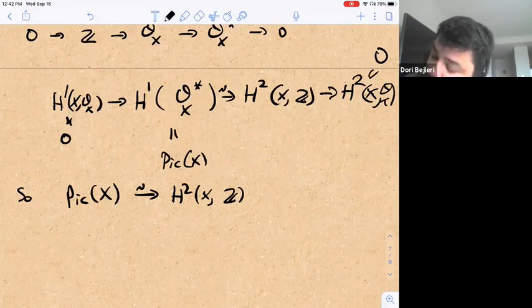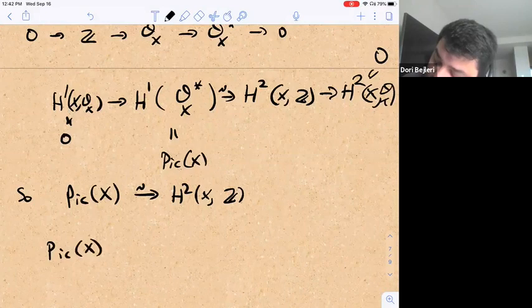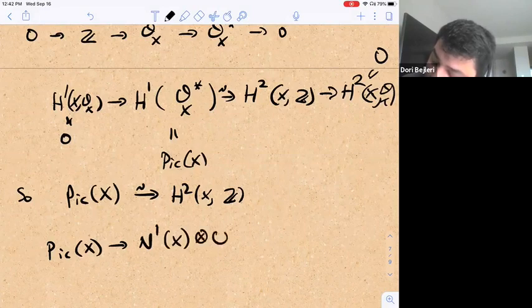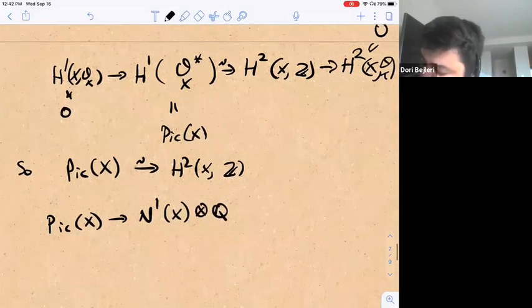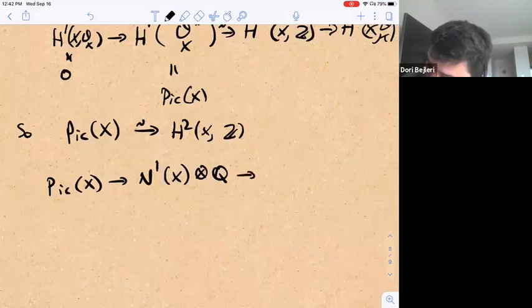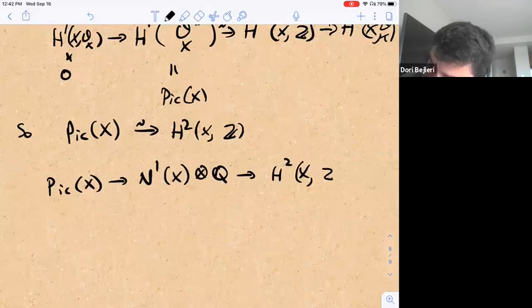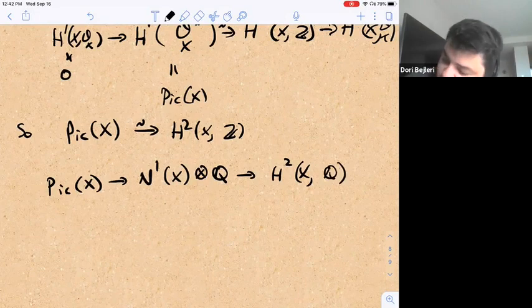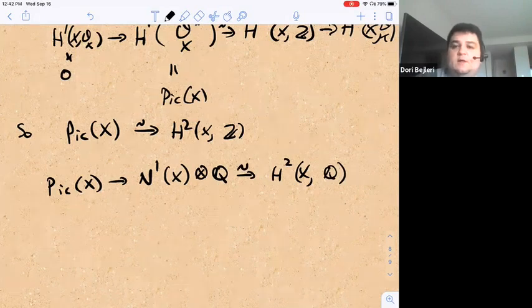But then this tells us we have a factorization like this, Pic(X) to N1(X) tensor Q, let's say rational or real, it doesn't matter so much. This maps to H2(X, Q). And so what this tells us is this has to be an isomorphism, that basically numerical equivalence is the same as modding out by torsion in cohomology in this case.